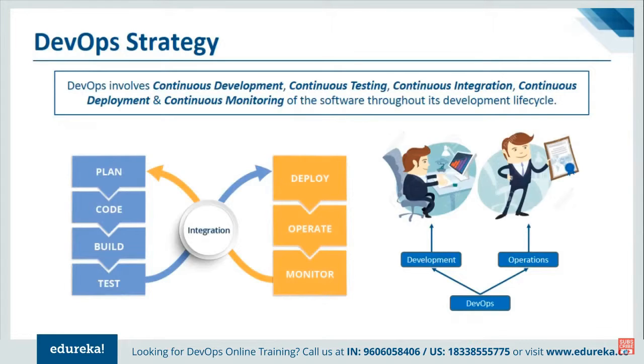So the DevOps strategy, since it involves the engineers having complete control of the application being developed, involves continuous development, continuous testing, continuous integration, continuous deployment, and continuous monitoring of the software throughout its development lifecycle, right?